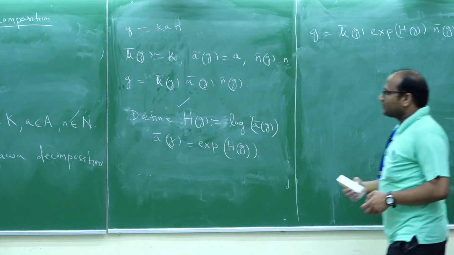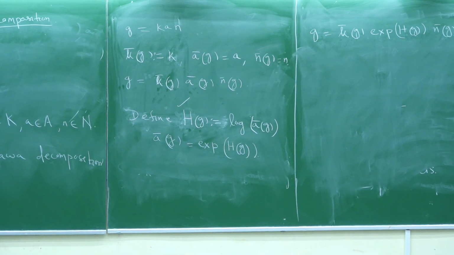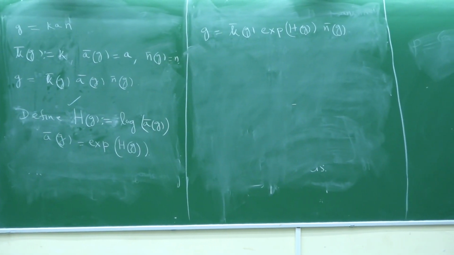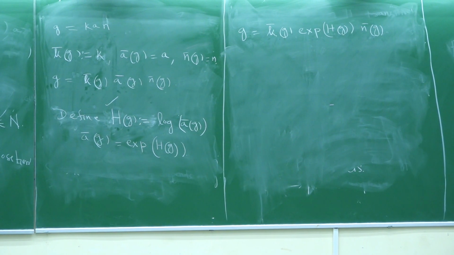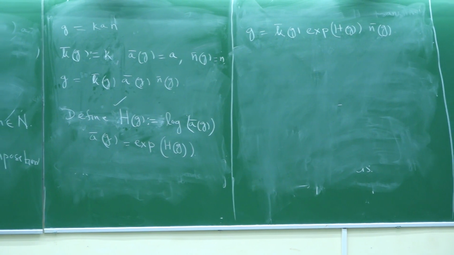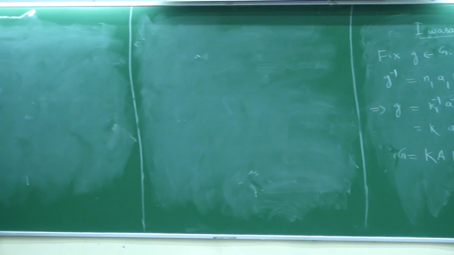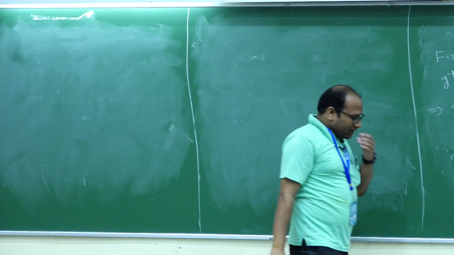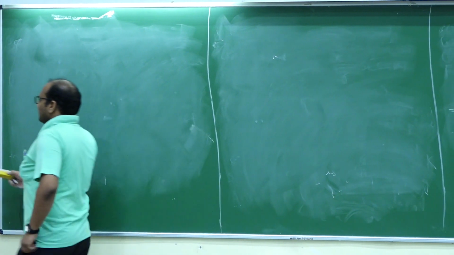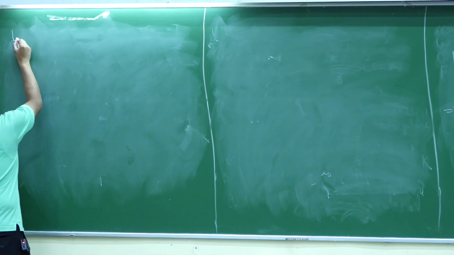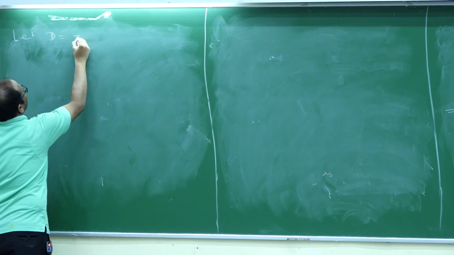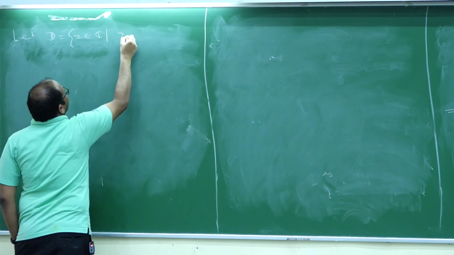Now we want to go into this picture. You know that the upper half plane is conformally equivalent to the open unit disk, and that conformal equivalence is given by the Cayley transform. This is the notation for D, the collection of all Z with modulus less than 1.